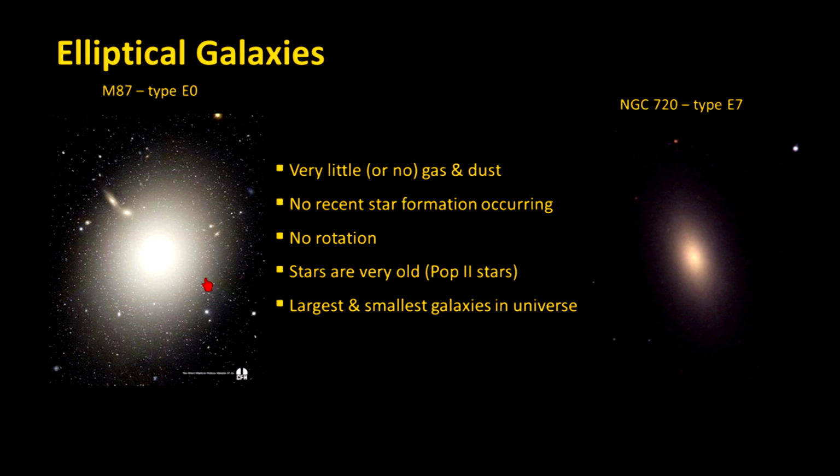So an elliptical galaxy is really home to very, very old stars. Notice those are population 2 stars, the oldest stars in our universe. And these don't tend to have any rotation to them. The stars themselves individually move, but the galaxy doesn't rotate on its own. Interestingly enough, the largest galaxies in our universe are elliptical, and the smallest galaxies in our universe are also elliptical. So the largest and the smallest in our universe.